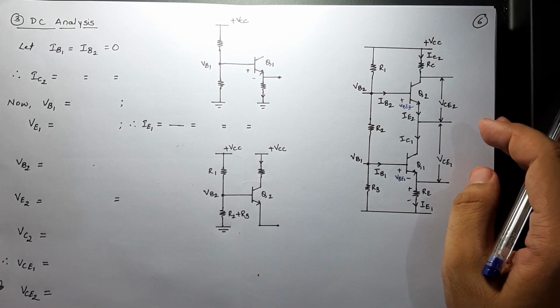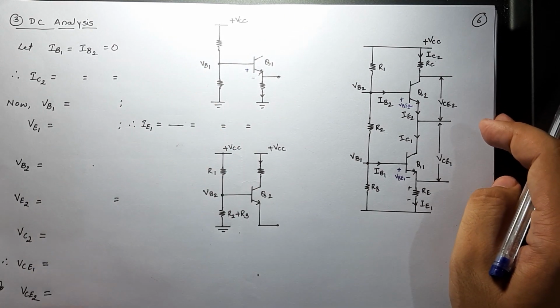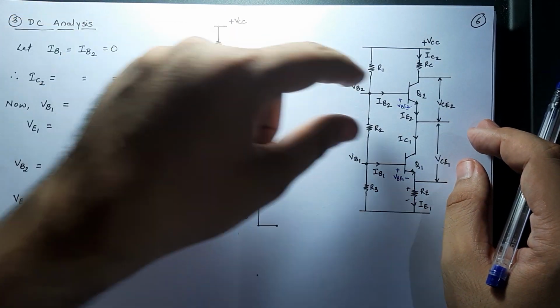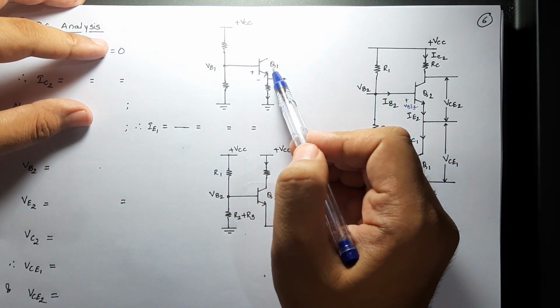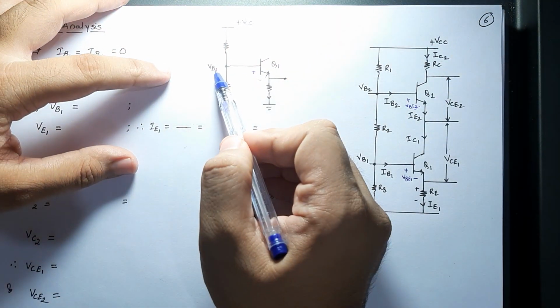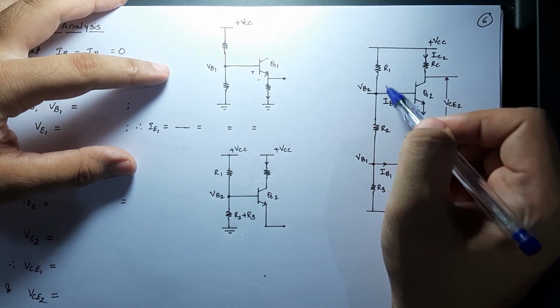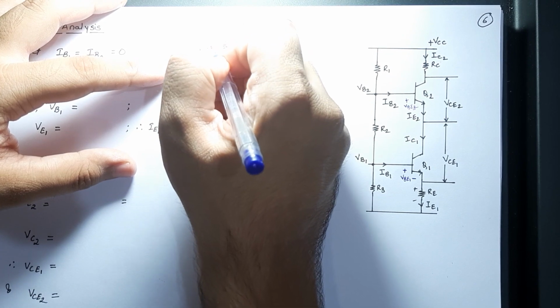For simplification purposes, we have done the DC analysis in a separate and easier way. I have drawn this transistor in the above section, and this transistor in the below section. Now, Q1 is connected to VB1. Above VB1 you have R1 and R2, hence this will be R1 plus R2.